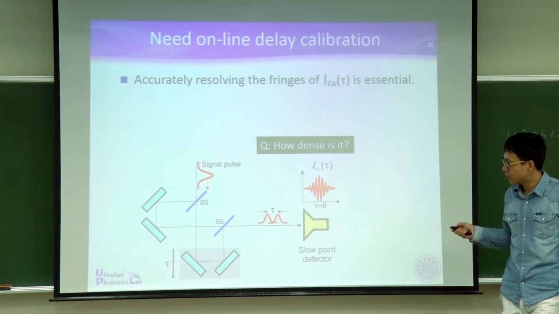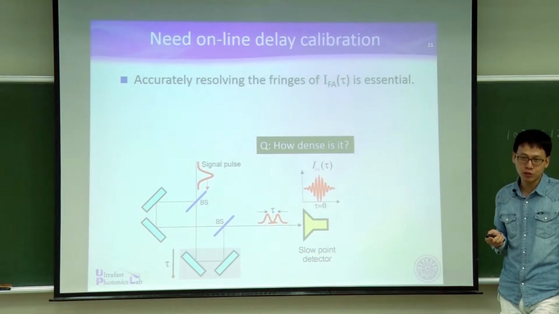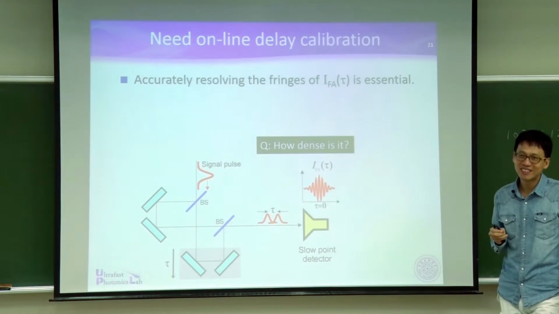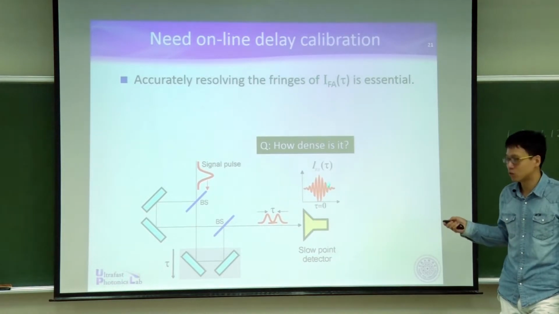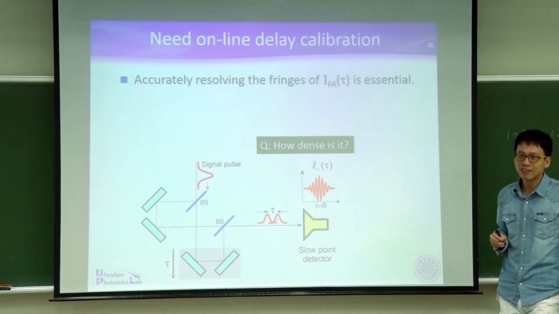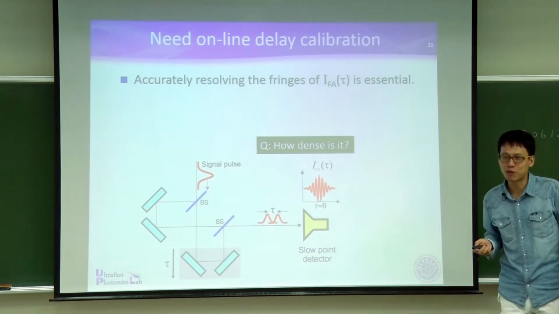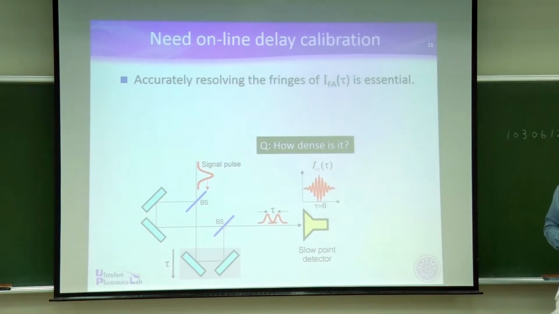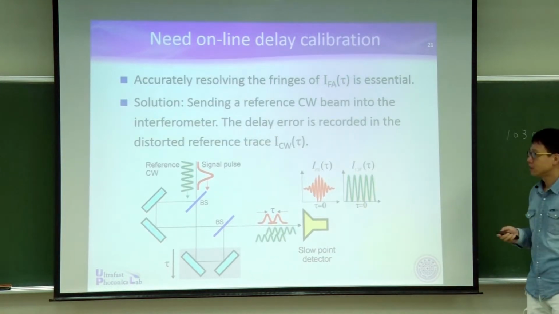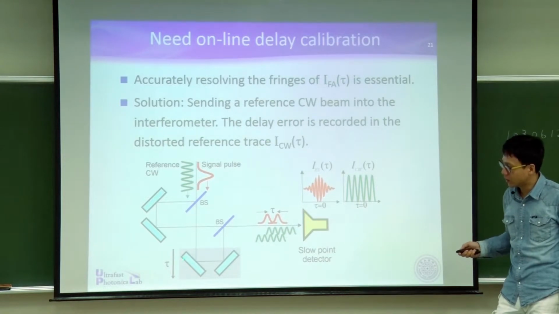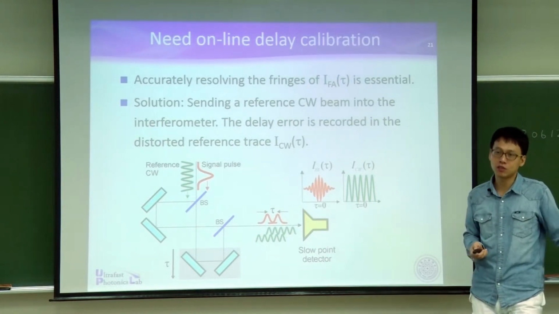And to have a clear and accurate fringe, your delay scanning has to be extremely stable and accurate. Right? Otherwise, these fringes will be of error. 所以不容易哦，这个算起来是1飞秒这个等级。那问题是一般你 scan delay 的工具是一个 mechanical stage.